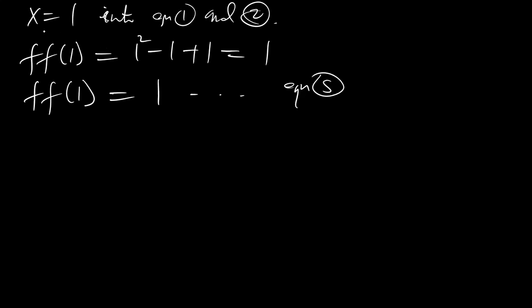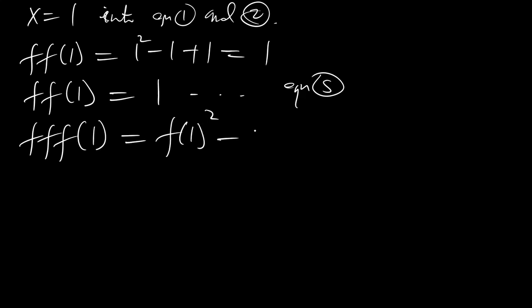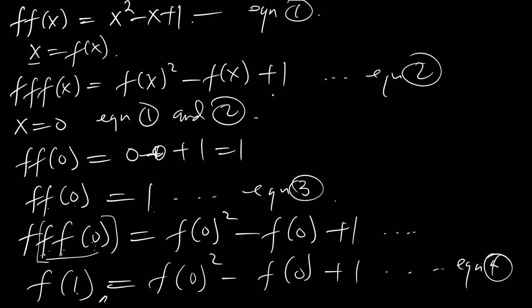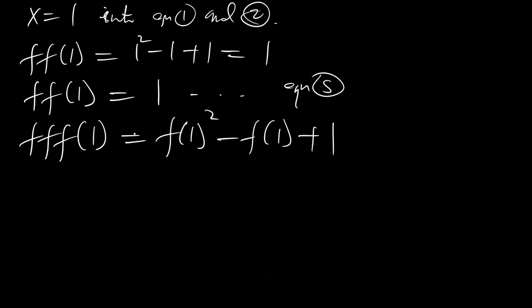Now substituting x equal to 1 into equation 2, you have f of 1 equal to f of 1 squared minus f of 1 plus 1. This should be equation 6.